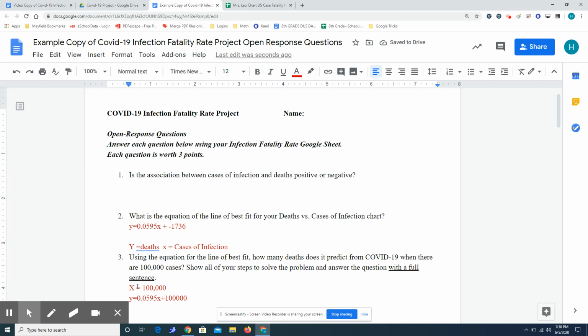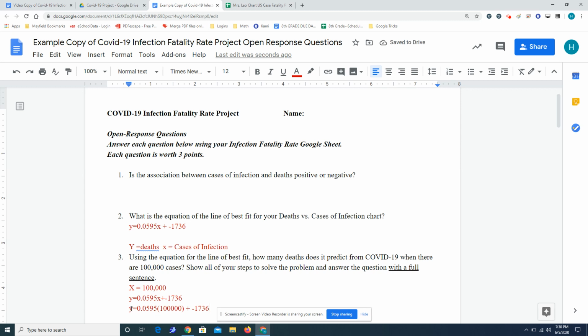So I'm just going to substitute in for my y equals 0.0595 times my 100,000. Let me fix this. So I put my 100,000 in for x plus negative 1,736.